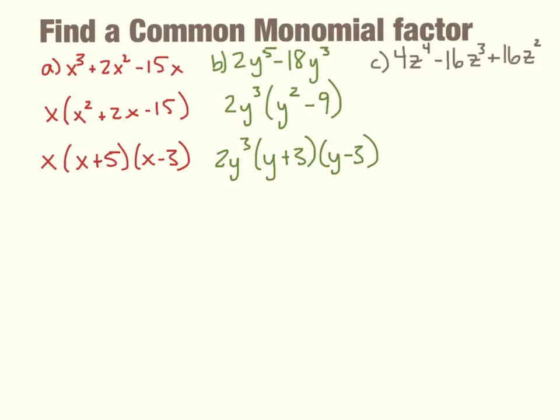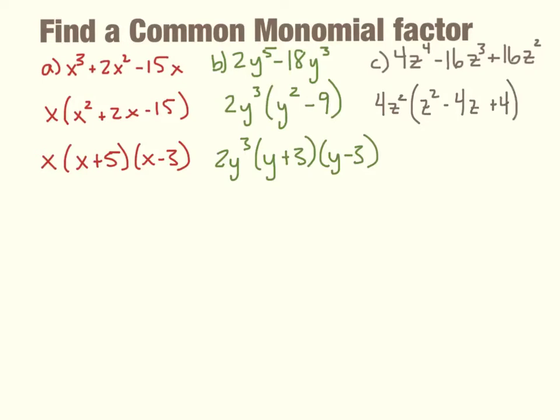Okay, in the last example, 4z to the 4th minus 16z cubed plus 16z squared. They all have a 4 in common, and they also have a z squared in common. So I can pull 4z squared out of everything. If I pull 4z squared out of 4z to the 4th, I'm left with z squared minus 4z plus 4.